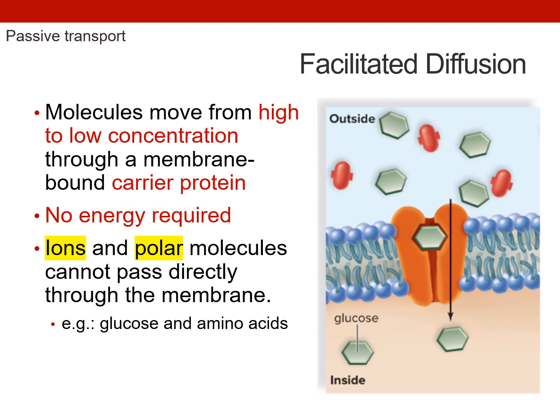In this example, there is a higher concentration of glucose molecules outside of the cell versus inside of the cell. Most carrier proteins are specific to certain molecules and only transport those specific molecules. For example, this carrier protein is specific for glucose and will only transport glucose molecules across the membrane.